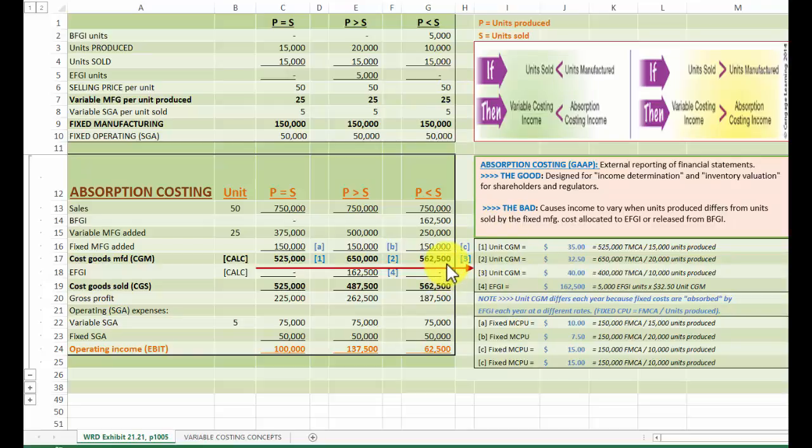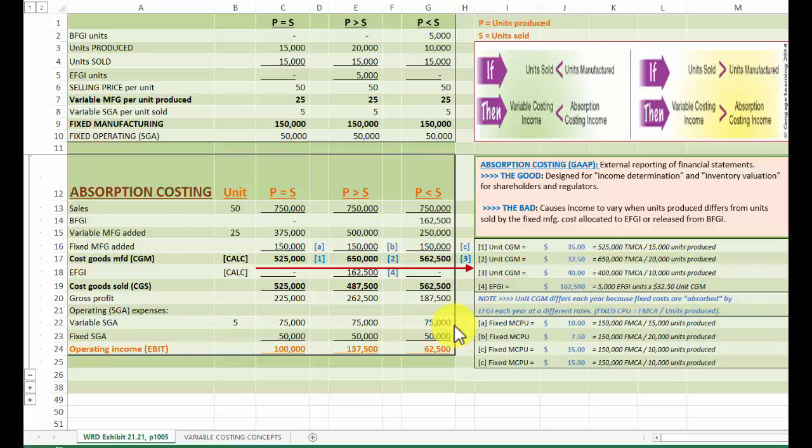The cost of goods manufactured would equal the cost of goods sold. Cost of goods sold, $562,500, from the sales of $750,000 produces gross profit of $187,500. Because the company again sold 15,000 units, the selling, general, and administrative expenses would be the same as in the previous period.